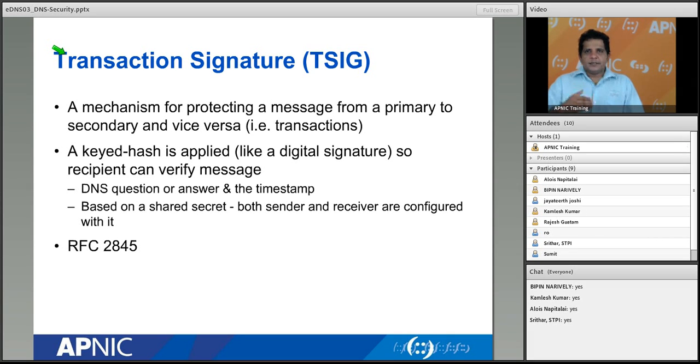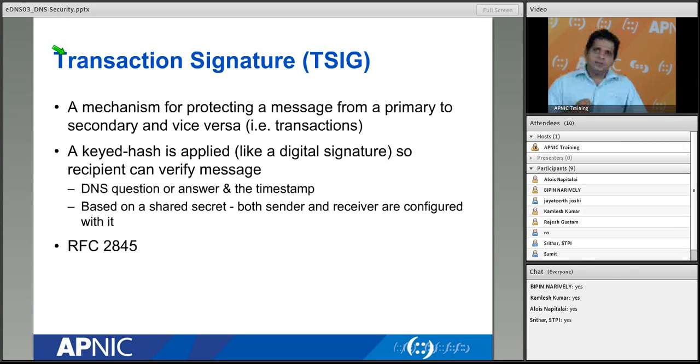But the problem over there, as we discussed, is impersonation. So we don't know whether we are getting the zone file, or the secondary doesn't know whether they are getting the zone files from the correct primary, right? Or even the primary is not sure whether it's giving the correct zone files to the secondary. The correct secondary could be given to someone else. So this is what we need to protect.